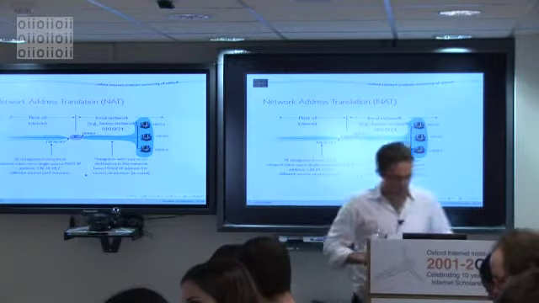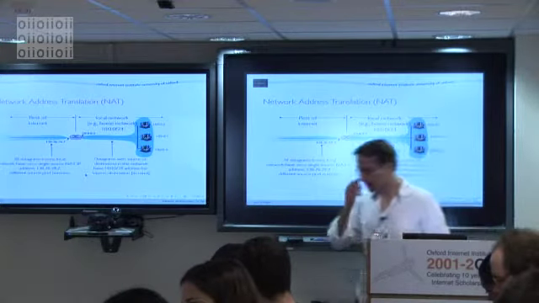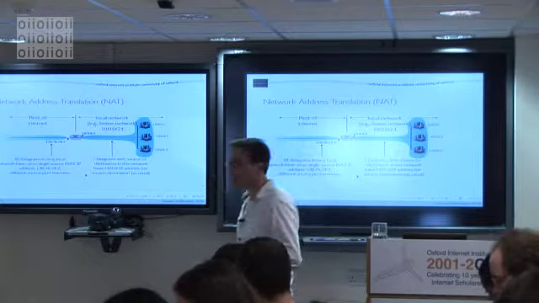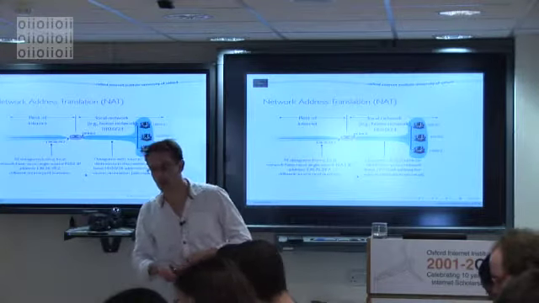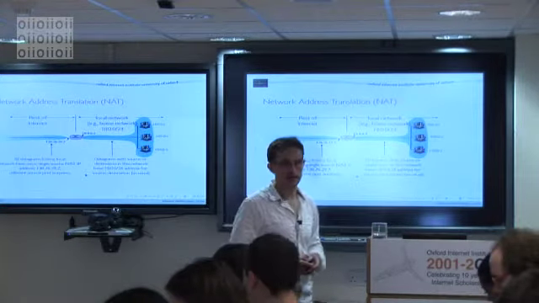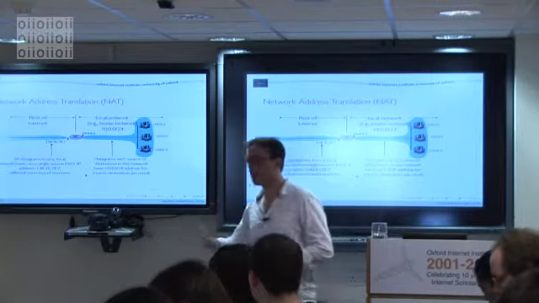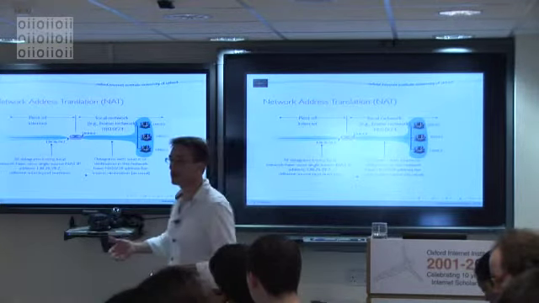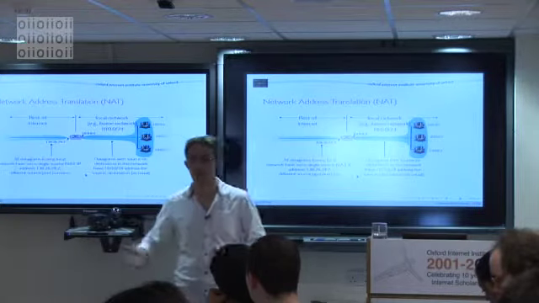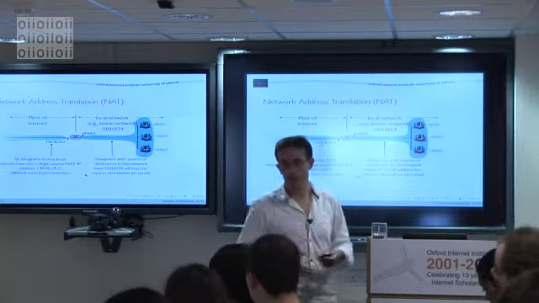Okay, so we've talked a little bit about the fact we're running out of IP addresses. But even before we started actively running out, we didn't necessarily want every computer connected to the internet to need its own IP address.